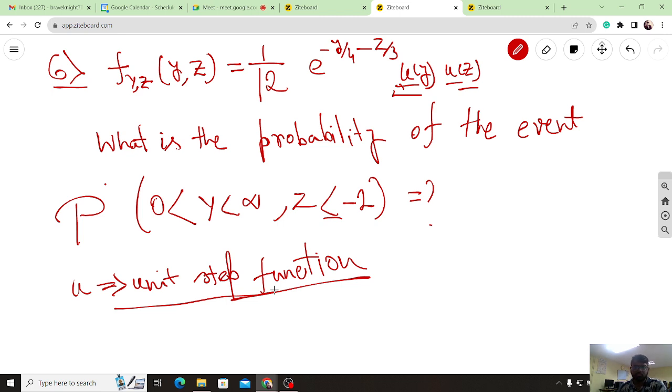So can I know if z is less than or equal to -2 or z is less than -2? Less than or equal to. Okay, thank you.